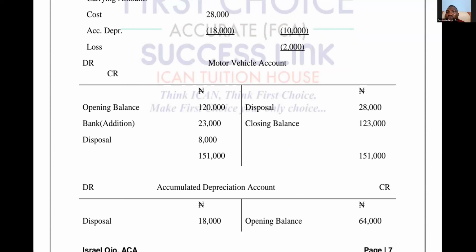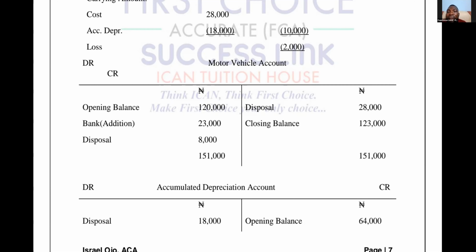After that, you go to the accumulated depreciation and remove it. That's 18,000, the accumulated depreciation of the asset disposed. Our opening balance is 64,000 under accumulated depreciation, but we are taking out 18,000, not the 64,000, because that is the accumulated depreciation of the asset disposed.